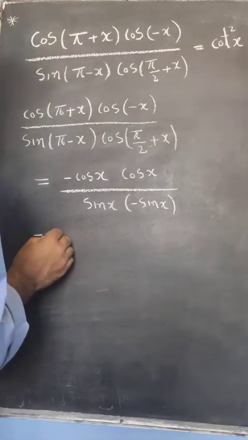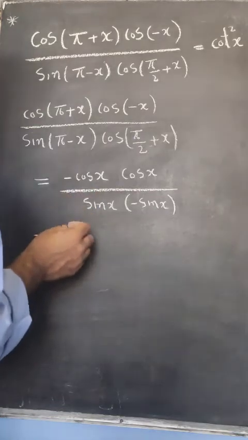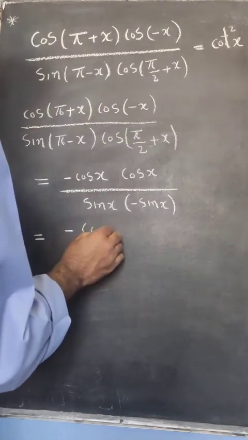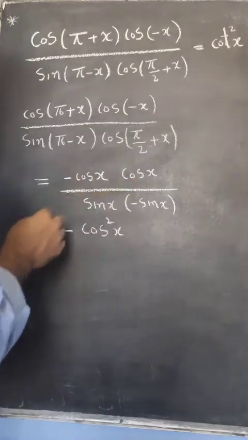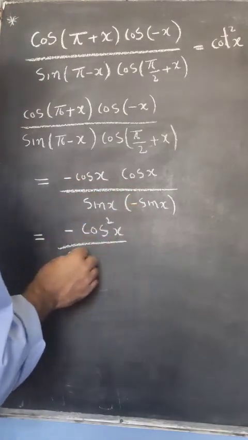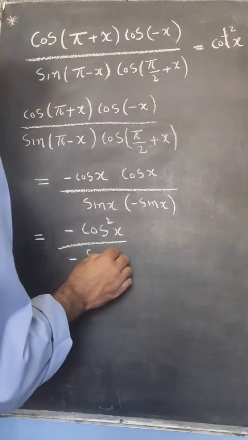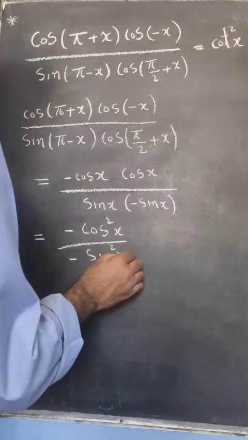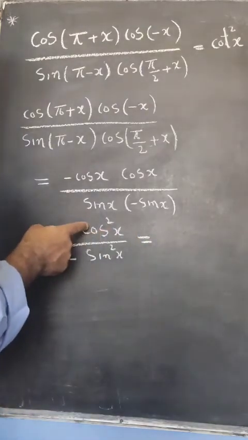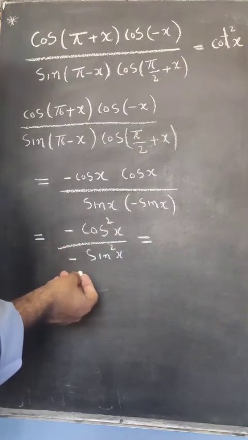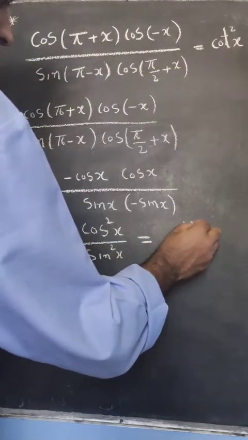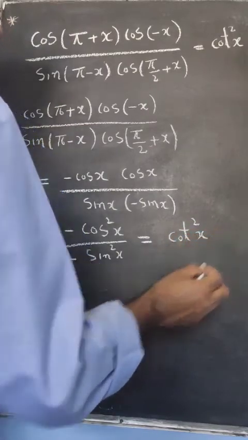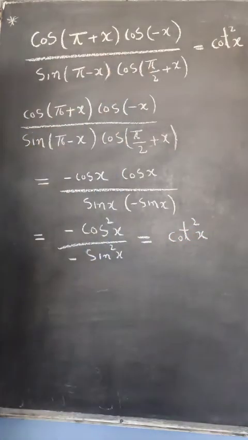So that is equal to minus cosine square x divided by minus sine square x, and we know that cosine by sine is equal to cotangent, so we write cotangent square x, that is equal to RHS.